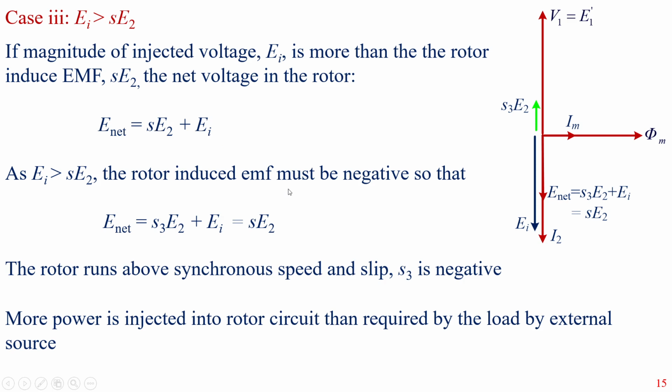The new rotor induced EMF must be negative, so that S3E2 plus EI equals SE2. So the rotor runs above synchronous speed and slip is negative. In this case, more power is injected into the rotor circuit by the external source than required by the load, and the motor runs above synchronous speed.